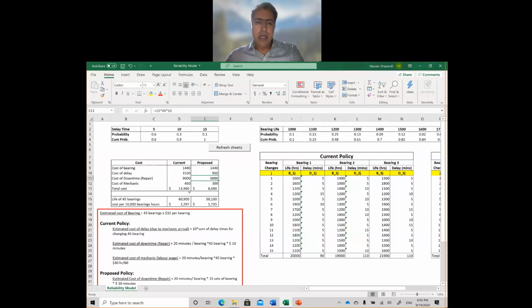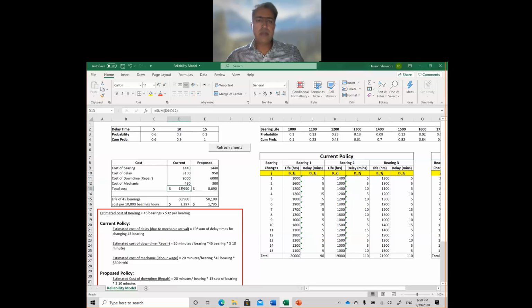Okay, and the cost of mechanic, again here we have 45 times 20 and times $30 per hour. Then we divide this by 60 because 20 is in minutes. So this will be the cost of mechanic for repair. And again here we have it for the proposed system in the same manner.